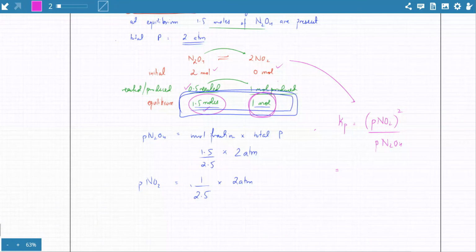It's going to be 1 divided by 2.5 into 2 atmospheres, and this would be squared. Divide that by 1.5 divided by 2.5 into 2. You can try and calculate and tell me what the answer is.